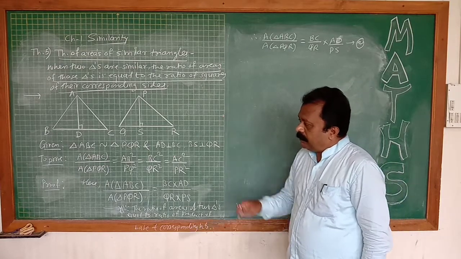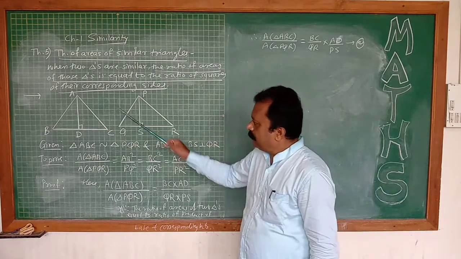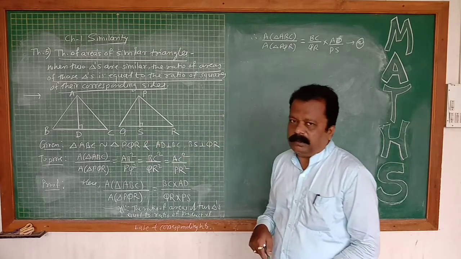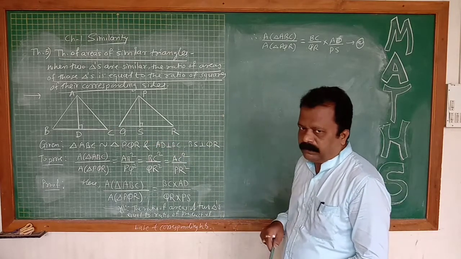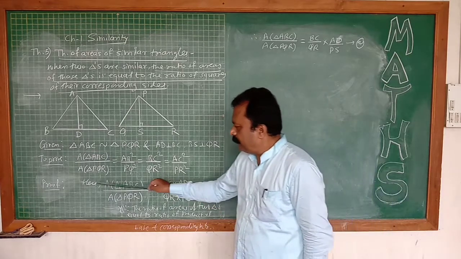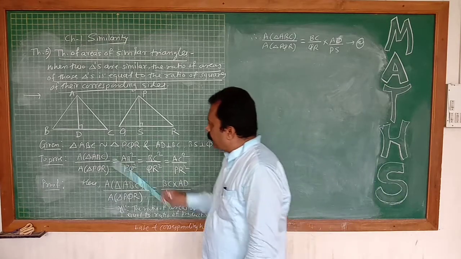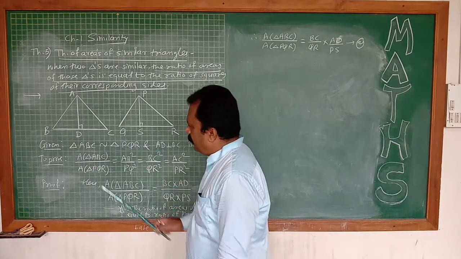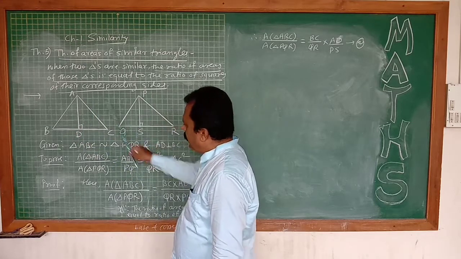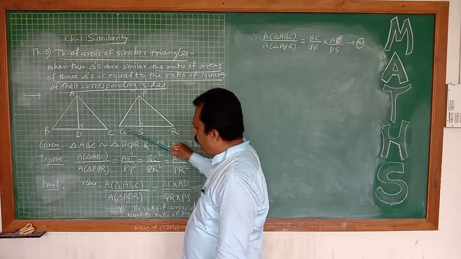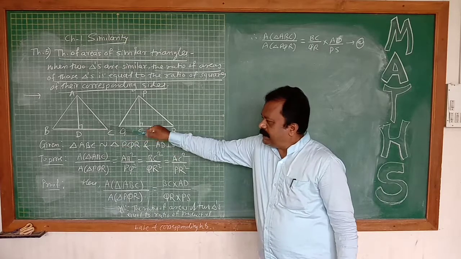Now, the given in this theorem is that triangle ABC and triangle PQR are similar triangles. I have written that first. Now, how to start? These two triangles are similar and AD is perpendicular to BC, meaning AD is the height, PS is the height, BC is the base, QR is the base. So base is given, height is given.